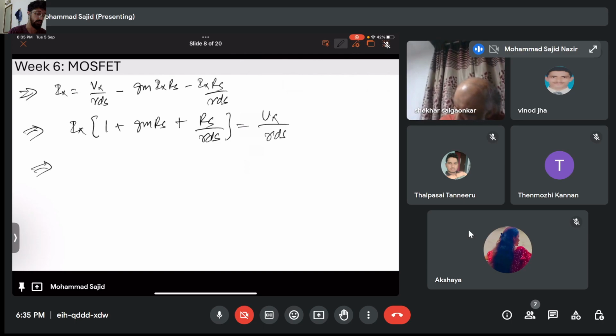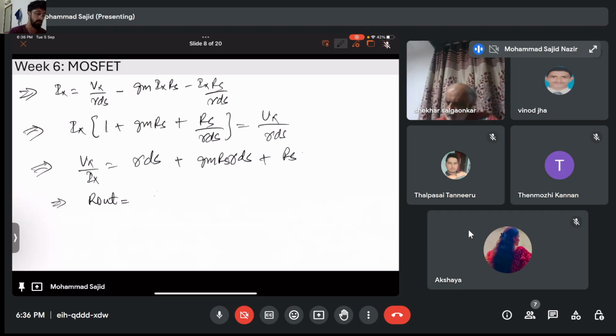So we can write Vx by Ix as Rds plus GmRs Rds plus Rs, right? So my R out for the circuit is your intrinsic resistance plus source resistance and gain Gm Rds.